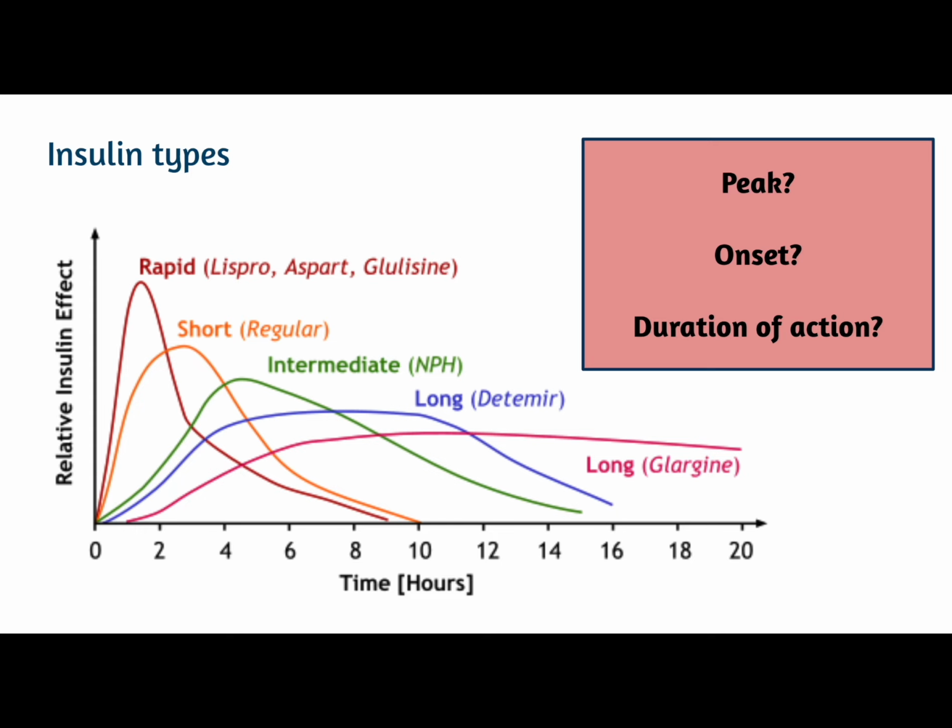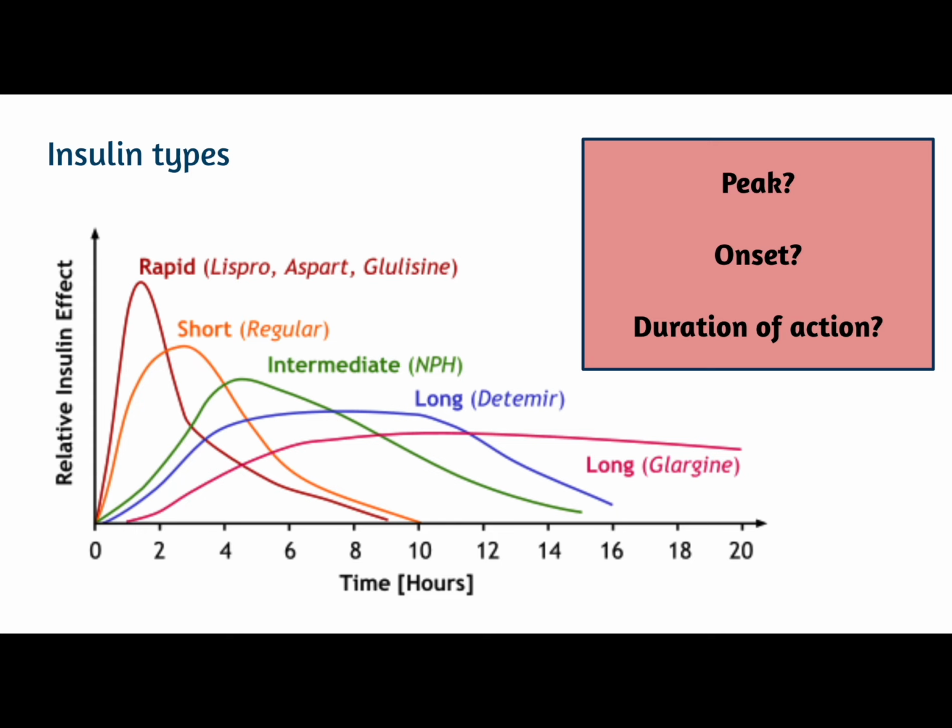This is an example of a graph that shows us the difference between analog insulin such as Lispro, Aspart, and Glulisine, which acts very rapidly, and the duration of action ends within 10 hours since onset, as opposed to the long-acting insulin. Here would be Detemir and Glargine, which are also types of insulin analogs and can be given once a day due to the long duration of action.